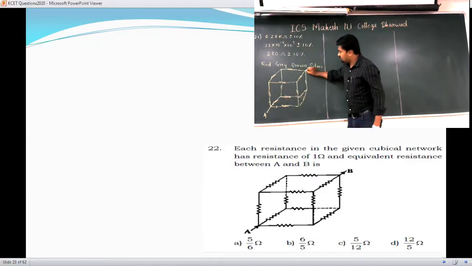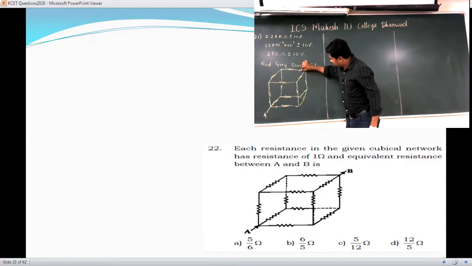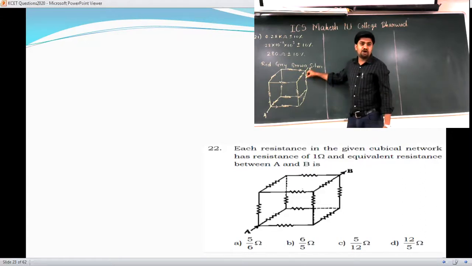When you come to point B, you have 3 resistors, and current is coming from here, here, and here, reaching point B.